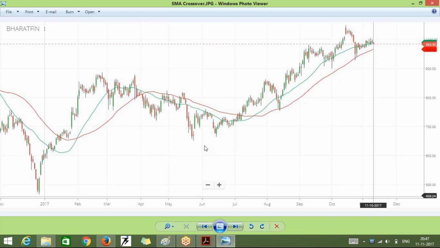So you can see at this point they coincided. At this region, the smaller period SMA is greater than the longer period SMA. Here exactly you can see at this candle a buy signal is being generated by SMA. So if someone would like, they could have traded this from this to this level.